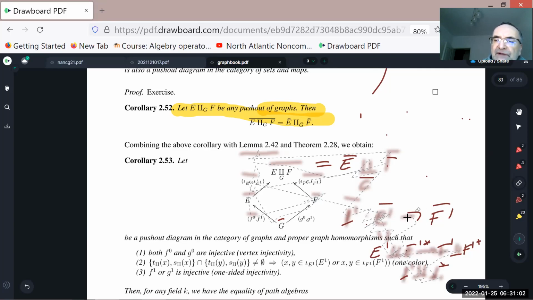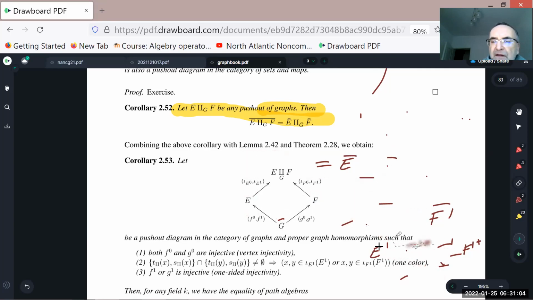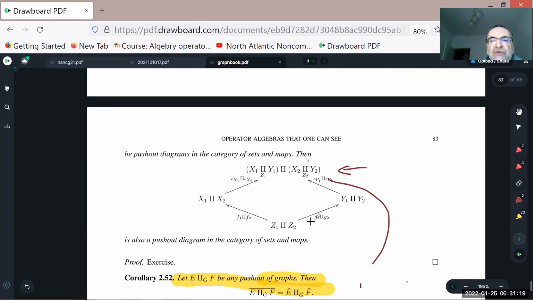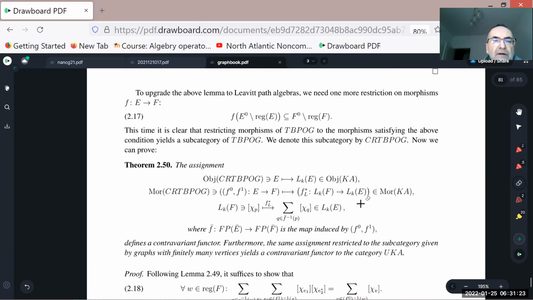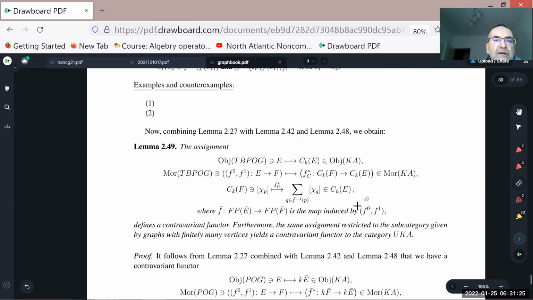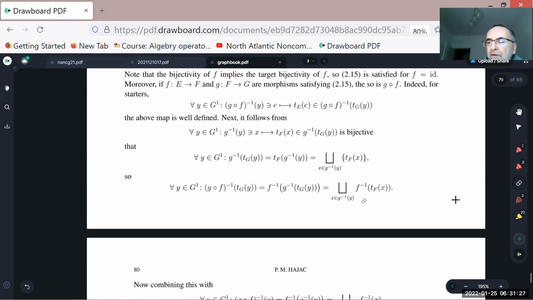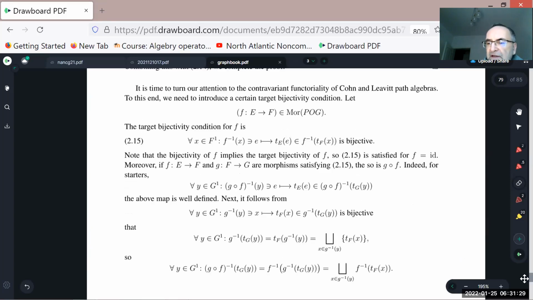And now let me scroll to theorem 2.28. Okay, it shouldn't be too far behind. Well, maybe I'll make it a bit faster.